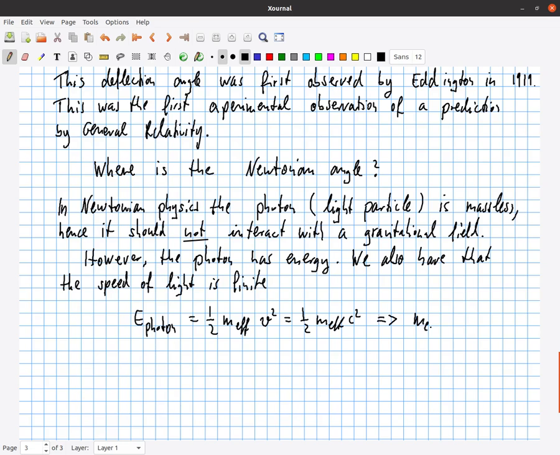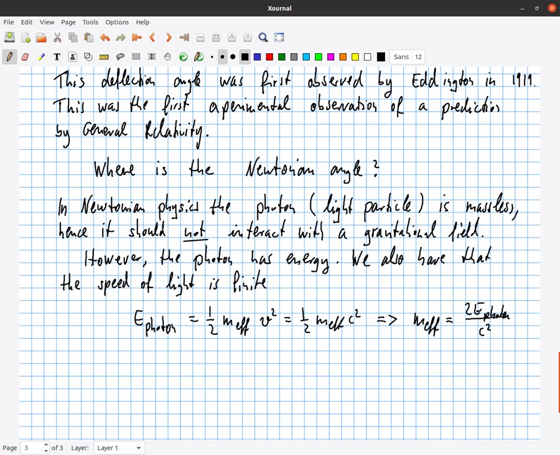to explain this argument. You could then hence define an effective mass for the photon, which is 2 times the energy of the photon divided by the speed of light squared. The units obviously match. However, you're somehow breaking the rules a little bit, because on the one hand, we know that the photon is massless.